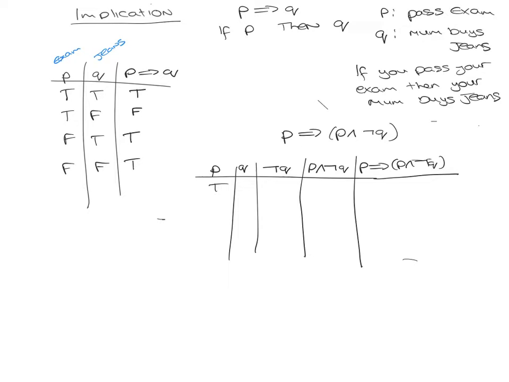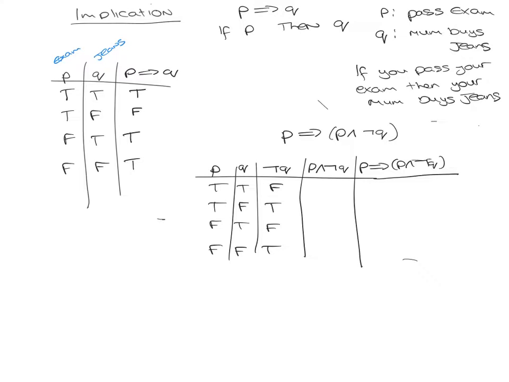So remember, we're starting with true, true, true, false, false, true, false, false. Now not Q, so if Q is true, this is false, Q is false, this is true, false, true.